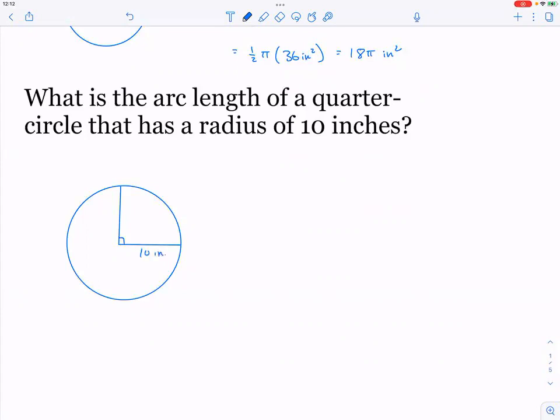This is 10 inches. So we just want the arc length over here. You will find the circumference, which is 2 pi r, and then divide by 4. Now, for arc length, we will use a small letter s.